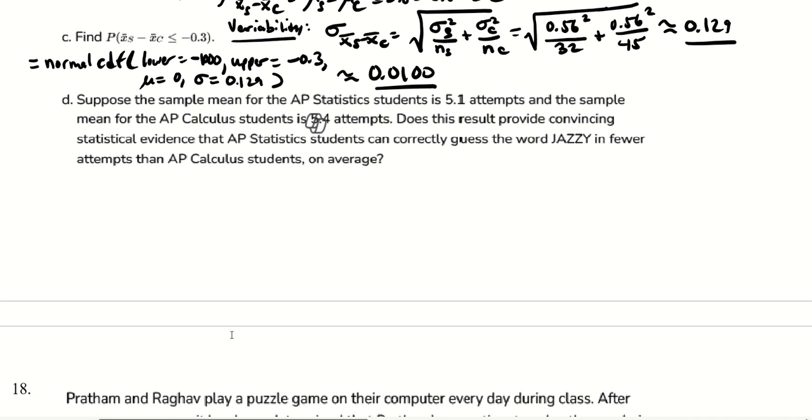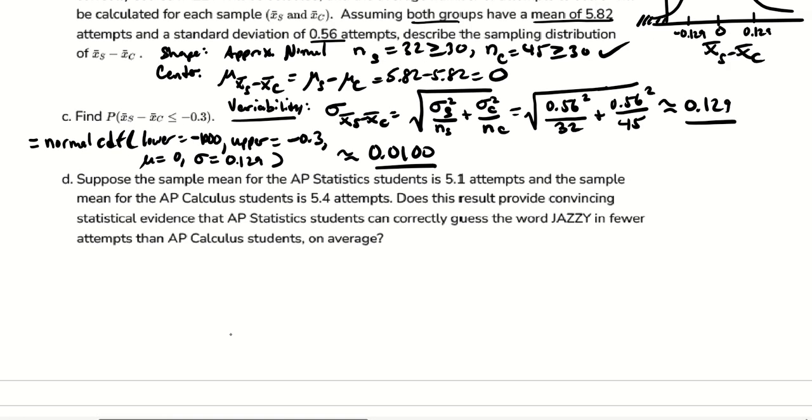Okay, suppose that the sample mean for the AP Statistics students is 5.1 attempts and the sample mean for the AP Calc students is 5.4. Does this result provide convincing statistical evidence that AP Stat students can correctly guess the word jazzy in fewer attempts than AP Calculus students on average? Well, 5.1 minus 5.4 is negative 0.3, and we calculated the probability that this is less than or equal to negative 0.3 to be 0.0100.